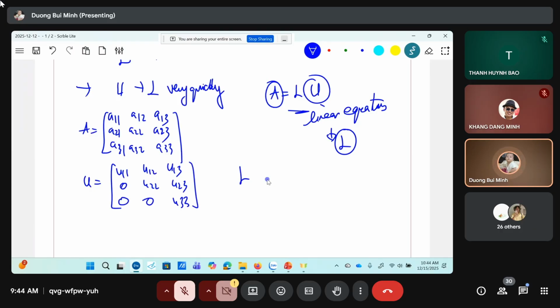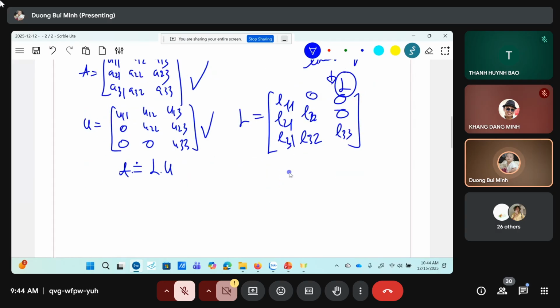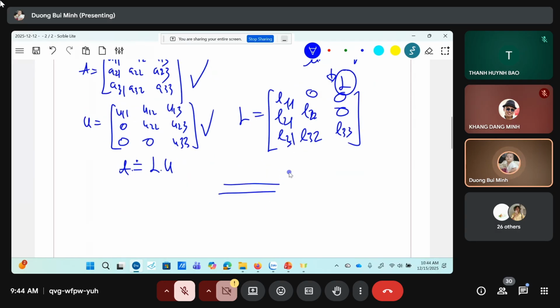Okay, and L, we don't know L. We know A, we know U, but we don't know L, but we know the format of L. L is L11, L22, L33, so this is 0, 0, 0, and this is L21, L31, L32. So when we take A = L times U, that means we have linear equations with some variables, so we can get the result.